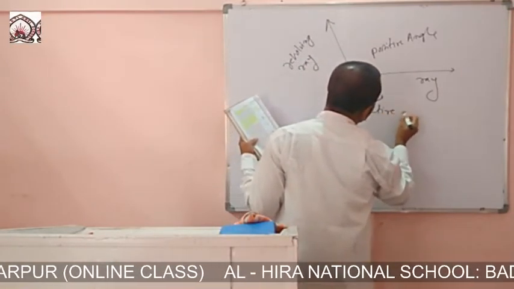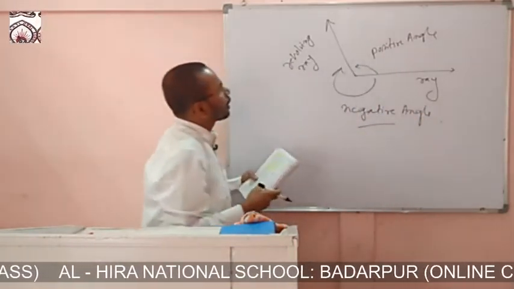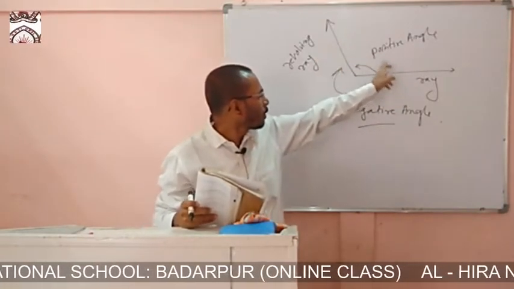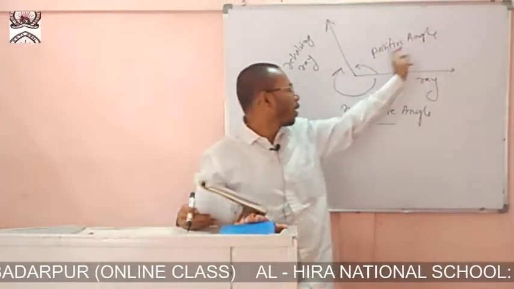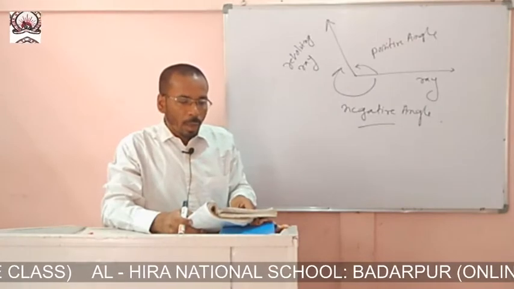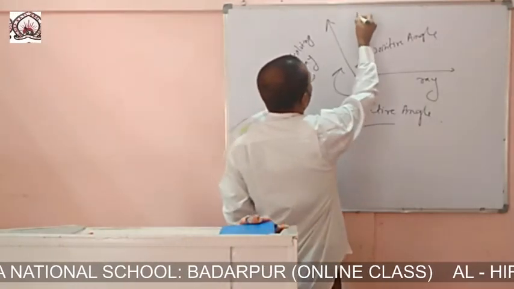This thing is very important to learn this chapter. So this one is the ray, this one the revolving ray. If this rotates clockwise, then it is a positive angle. If it rotates anti-clockwise, then it will be a negative angle.